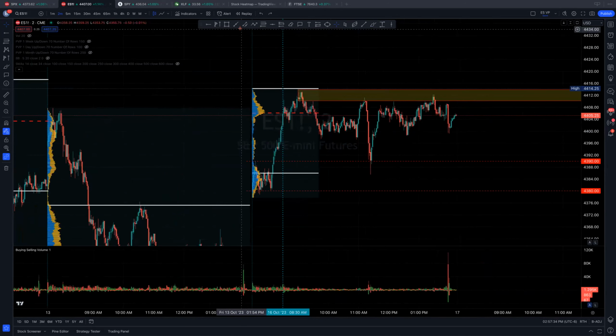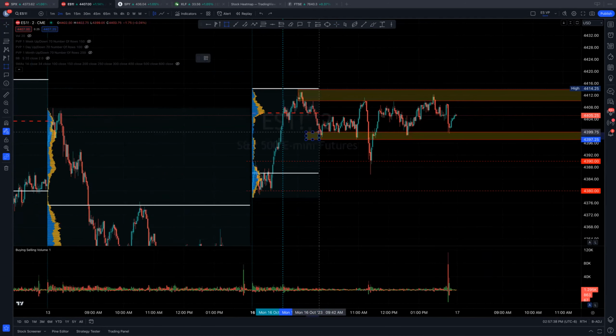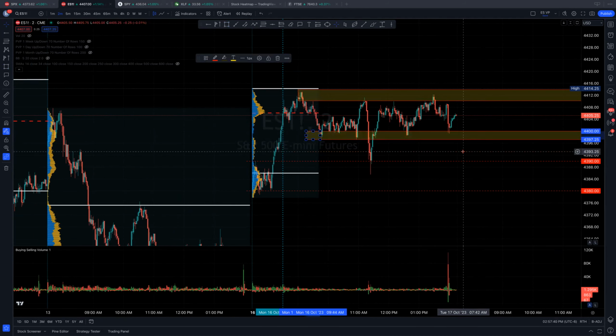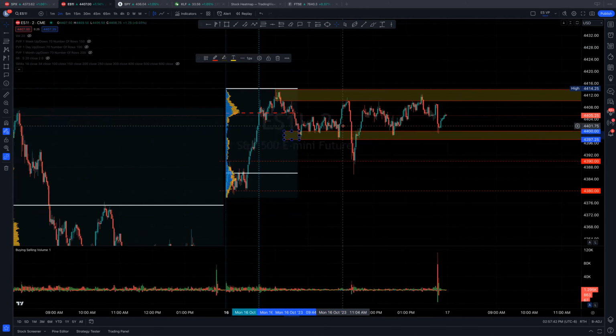Yes, we did get a few good bounces from this whole area right here, but it just doesn't guarantee that we're going to always have a move up. What if we saw this move, boom, up, came back down, and then we enter along here and then get run over right here? That's the problem with these small areas where we have very little trading going on.